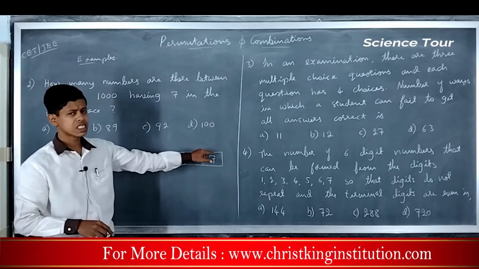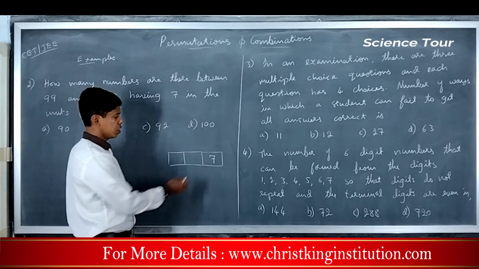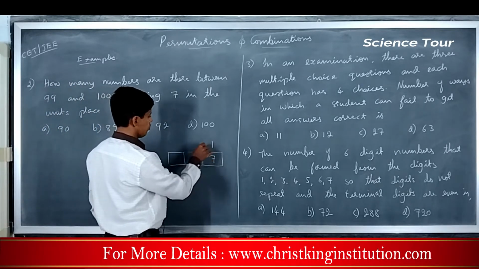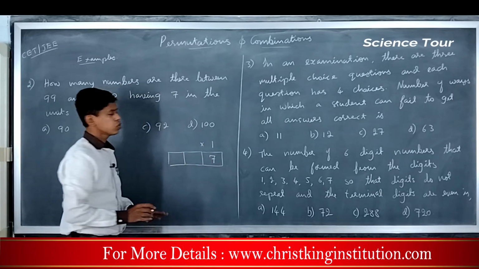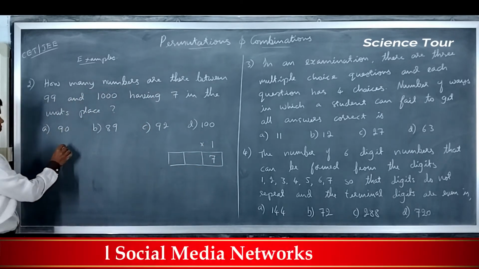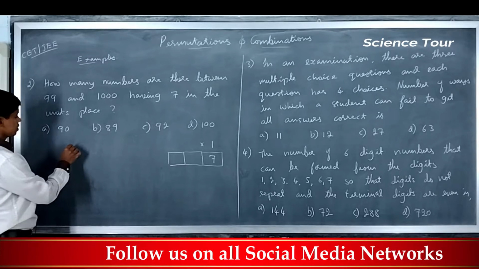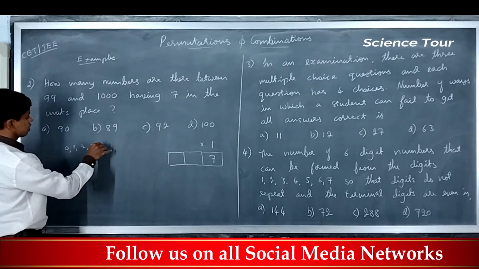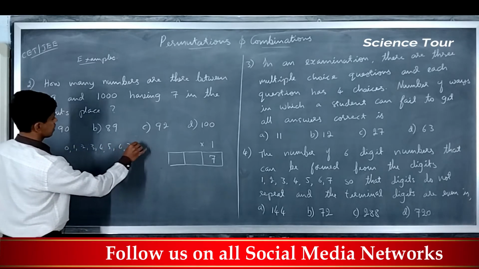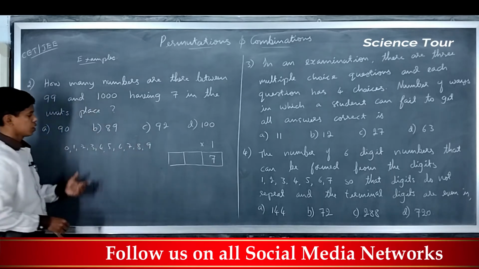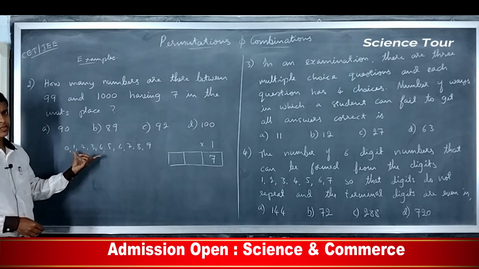How many ways can you select one number in this place? Only one way. Now you have totally how many digits? 0, 1, 2, 3, 4, 5, 6, 7, 8 and 9. So there are totally 10 digits, right?